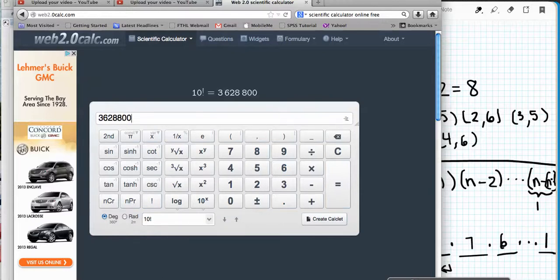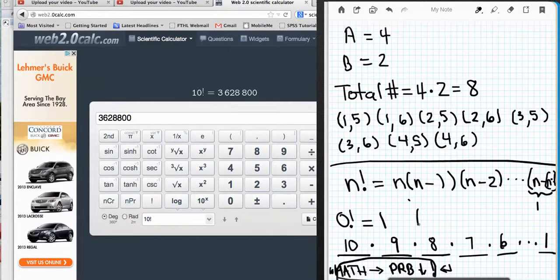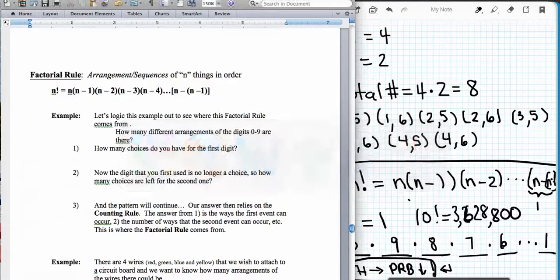So there are 3,628,800 possibilities. So 10 factorial is equal to 3,628,800, and that is our number of ways that we would be able to arrange the digits 0 through 9 in a 10-digit code, essentially.